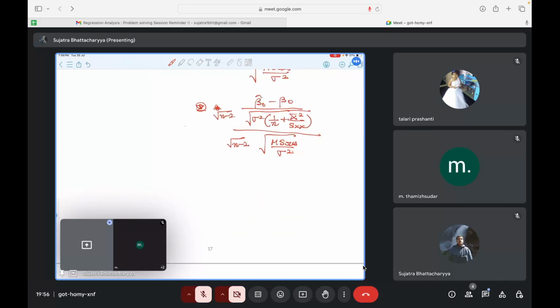Again, it comes out to be what? The same t statistic, t distribution. So it becomes root n minus 2. The upper part, the numerator, is N(0,1), and the lower part is the root of chi square n minus 2. That is t with n minus 2 degrees of freedom at whatever alpha by 2 level you want it to be.